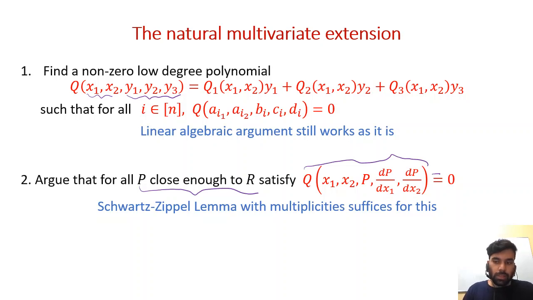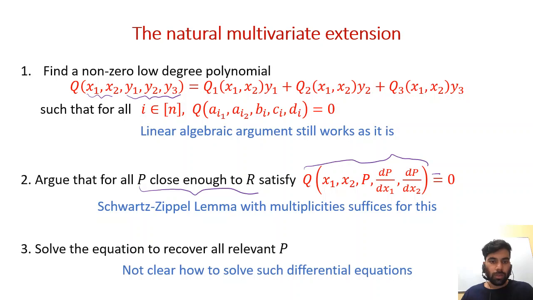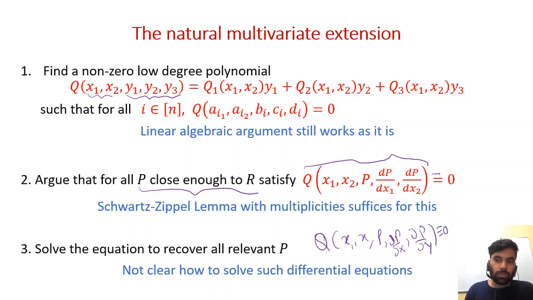That is, its degree is low and there are enough roots, so it has to be 0. And this works out. We have strengthened Schwarz-Zippel lemmas which can take care of it. What doesn't work out is that it's not clear how to recover the polynomial P by just knowing that this polynomial is identically 0, that from the belly of this beast it's not clear how to recover P.